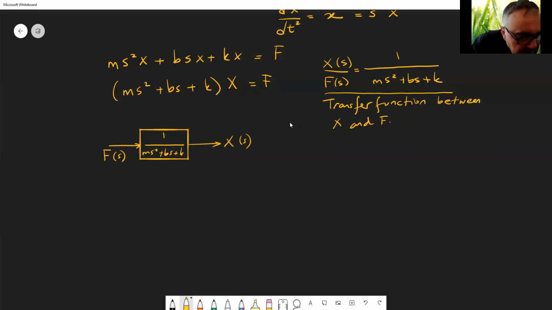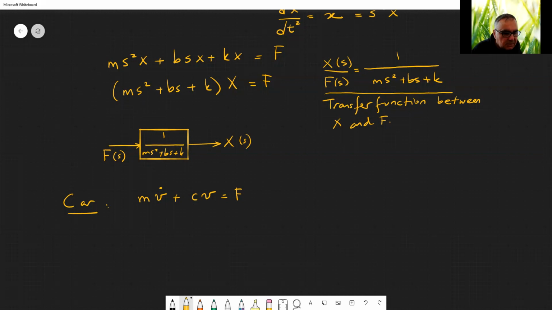Well, we represented the system with the transfer function. For example, for the car system, as you remember, the equation was m v dot plus c v equal to f, right? In this case, again, by using the Laplace transform variable, you will have (m s plus c) v is equal to f.